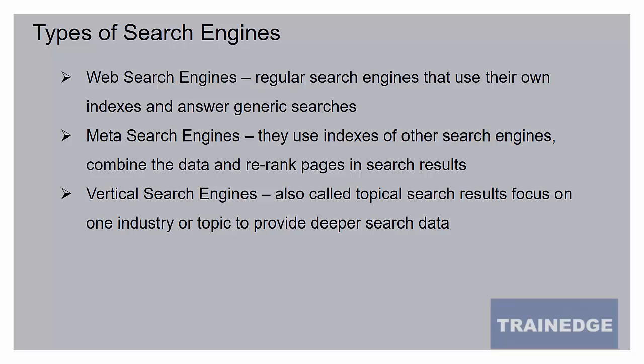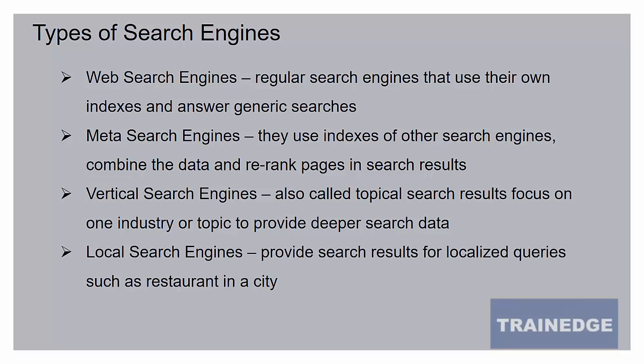So, in addition to delivering the web search results, Google also delivers you search results for news, for videos, for images. So that is one form of vertical search engines. It limits the search results to a specific type of data. Another form of search engines is vertical search engines that limit their search result to a specific field or industry.